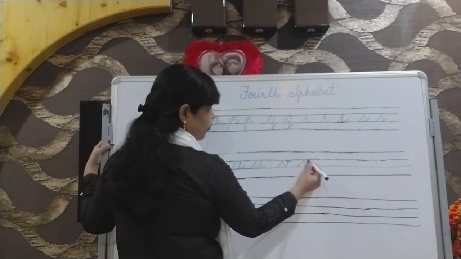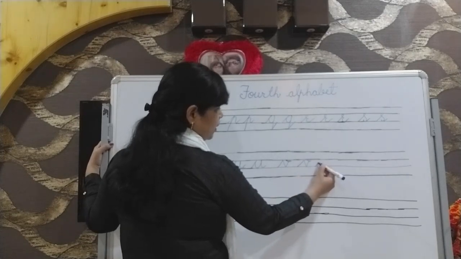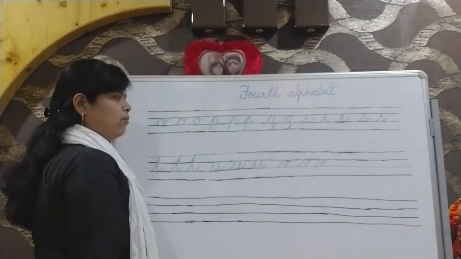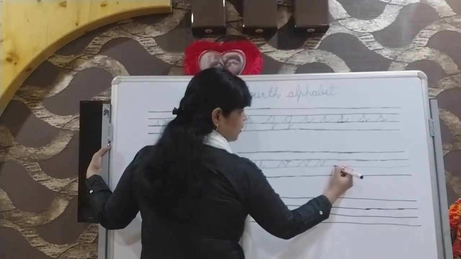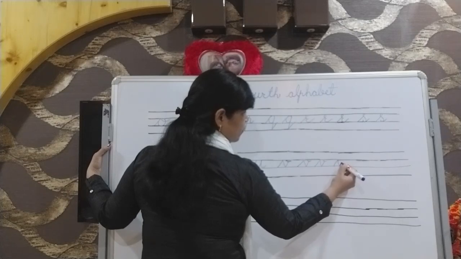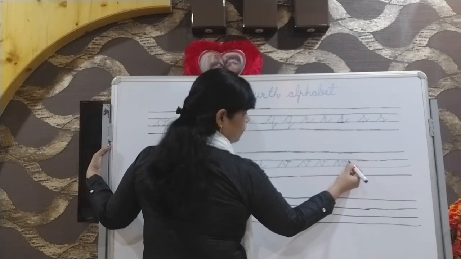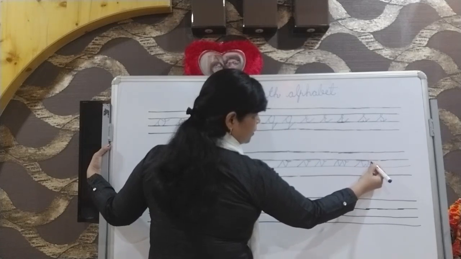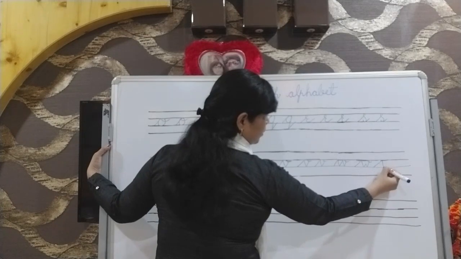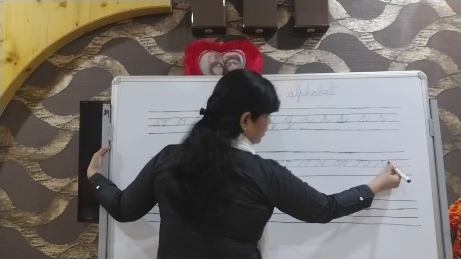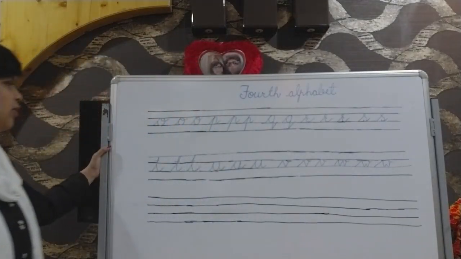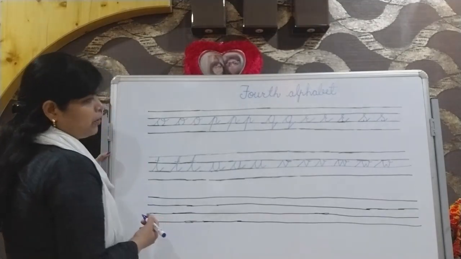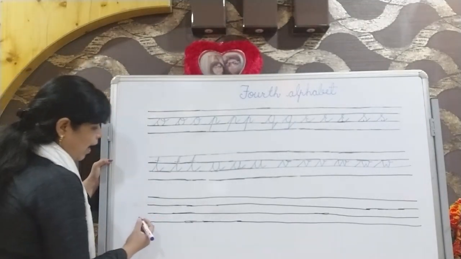Then V. In this manner we have to draw V. In the same manner we will draw W. From here, W. It means your letter should look clear. Otherwise, when we join the letters and make a word, at that time you will be confused reading what you have written.